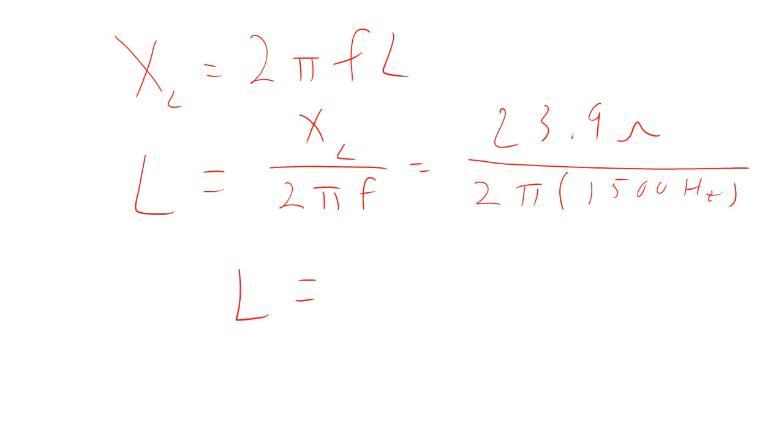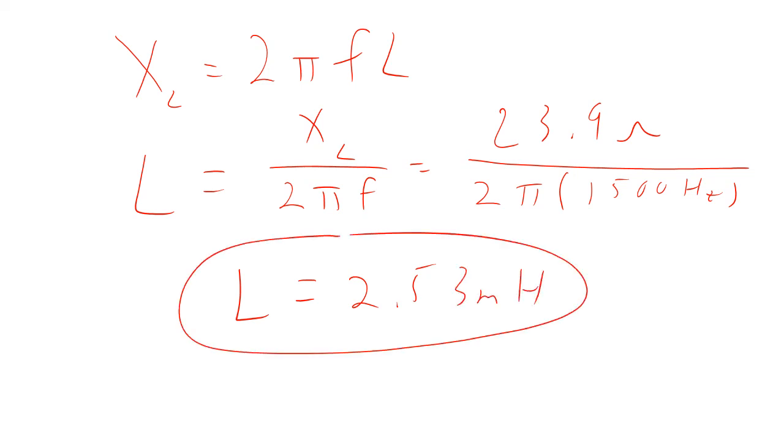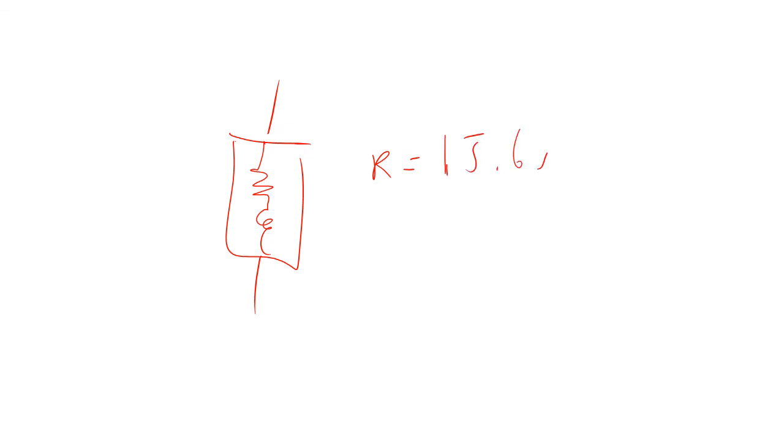So L comes out to be 2.53 millihenries. So our unknown circuit here is going to be a resistor and not a capacitor, but an inductor, with a resistance of 15.6 ohms and an inductance of 2.53 millihenries.